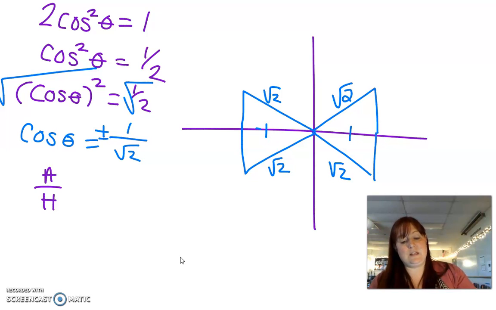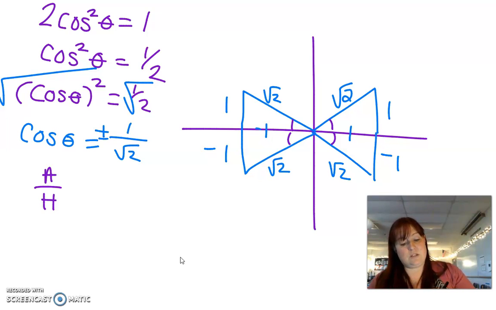So you could see that this one could give us negative 1 over root 2, and this could give us positive 1 over root 2, okay? So then we look at what each of these are. So all 4 of these angles are going to give us what we need. So we might recognize this as a 45, 45, 90 because it's a 1, 1, root 2. So that's 1, negative 1, that's negative 1, and that's 1. So this is a 45, 45, 90.